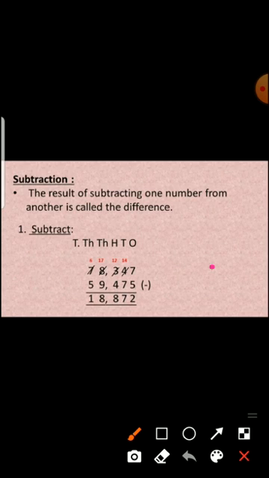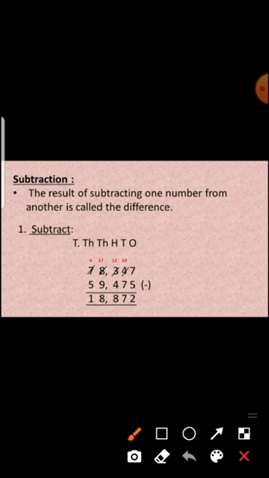First we have to arrange the given numbers according to their place values. Here they are already arranged. Now we can start with the ones place digit.